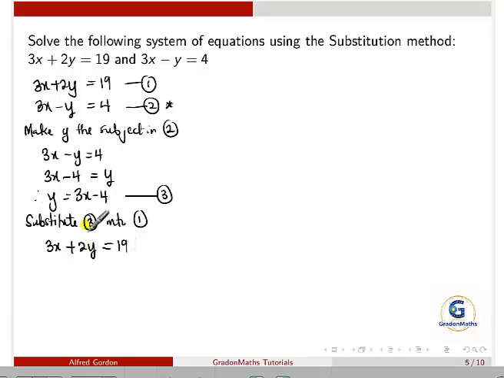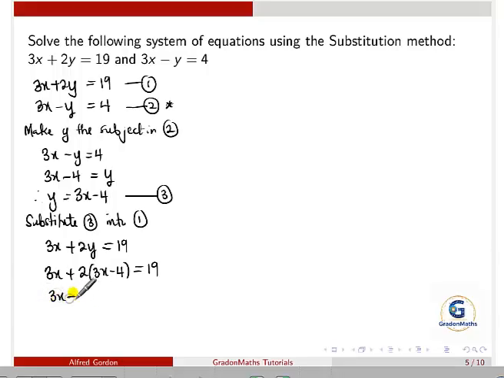Wherever we see y in equation 1, we substitute 3x minus 4. So we have 3x plus 2 times 3x minus 4 is equal to 19. Now we are left with an equation with only one variable.